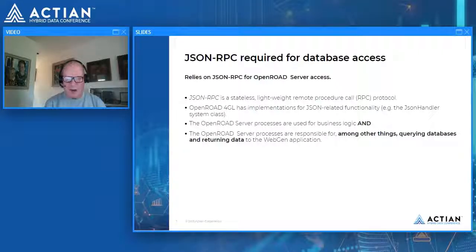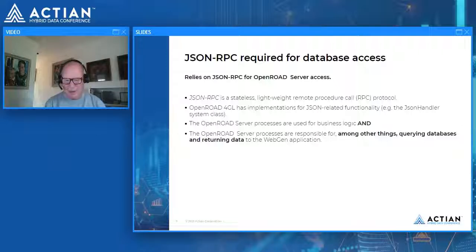We have another function that's in OpenROAD's core.pob, but it's also been ported to JavaScript, which is assign JSON RPC response to vars. What that will do is package up what came back from the OpenROAD server and fill the variables in your WebGen application with the results from the query.